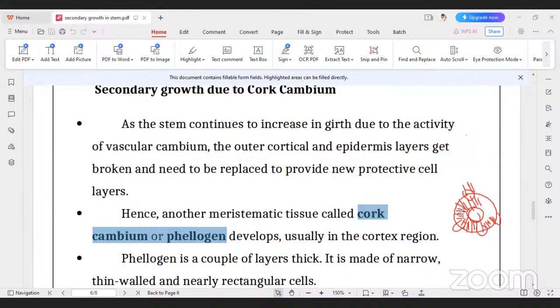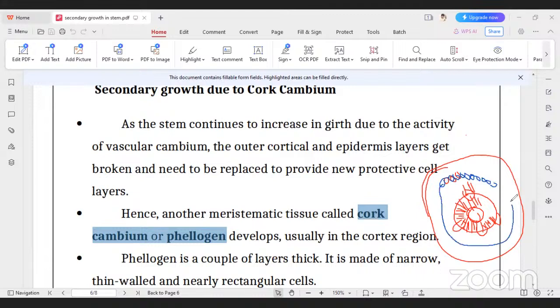While it is increasing, automatically the outward pressure falls on the epidermis and cortex cells. This is the cortex region, and these are the cortex cells. Some of the cortex cells can change into meristematic cells, and these meristematic cells together form a ring.